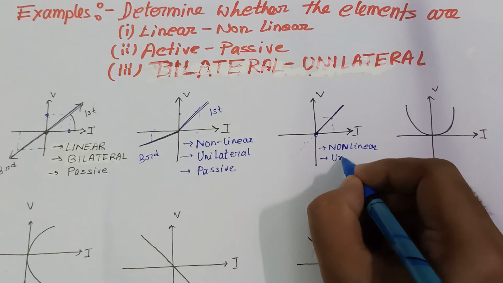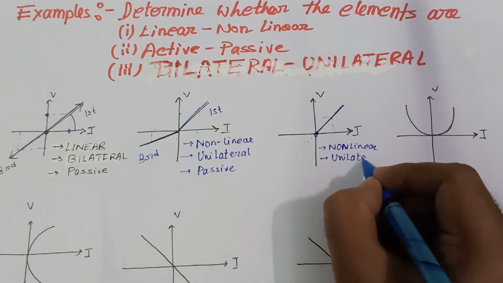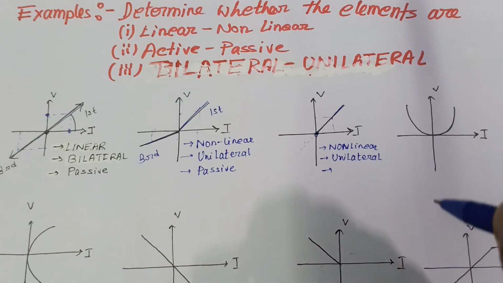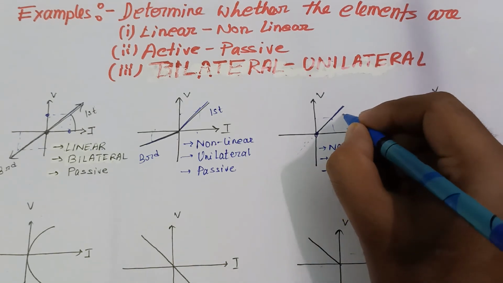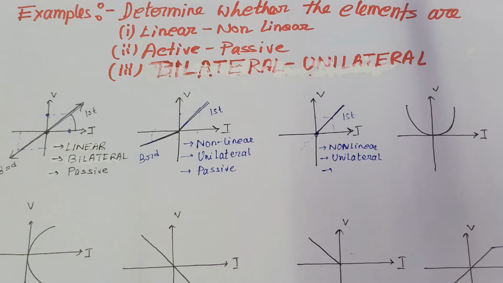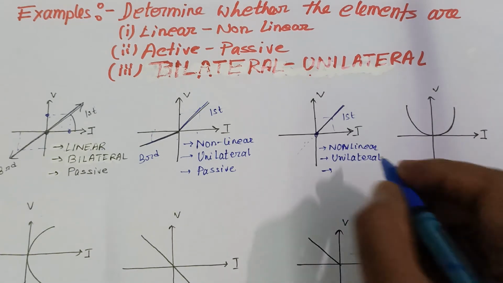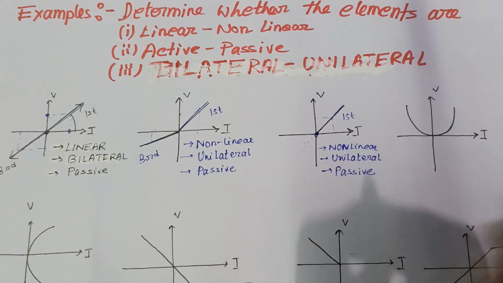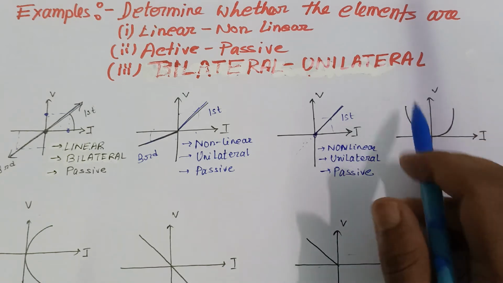So it is again unilateral. And whether it is active or passive: it is lying on the first quadrant, which means the value of tan is positive, so the slope is positive. If the slope is positive, it is passive. So again it is passive.